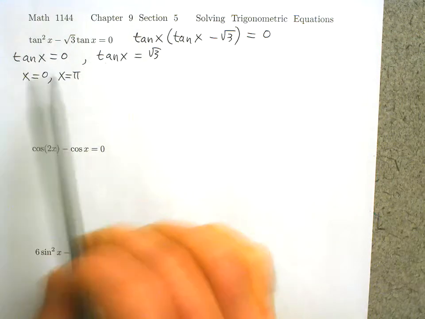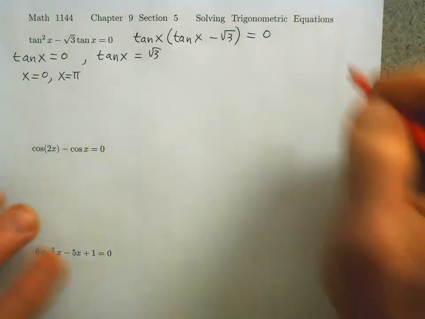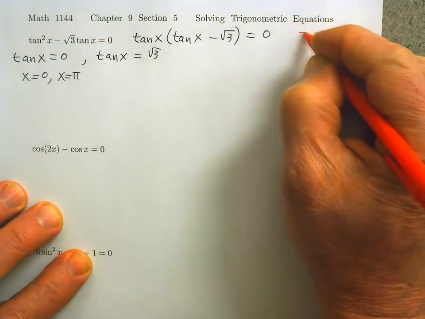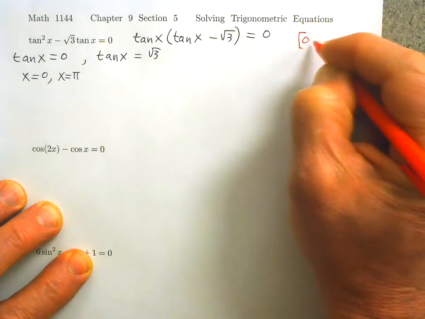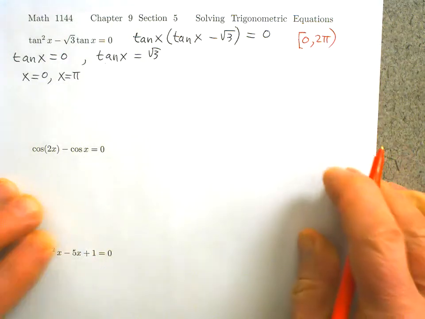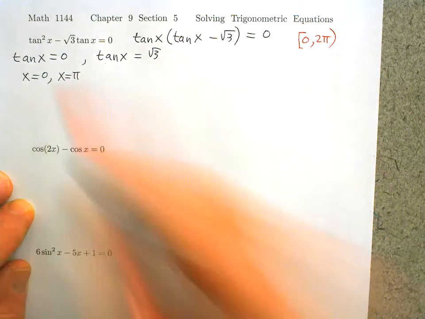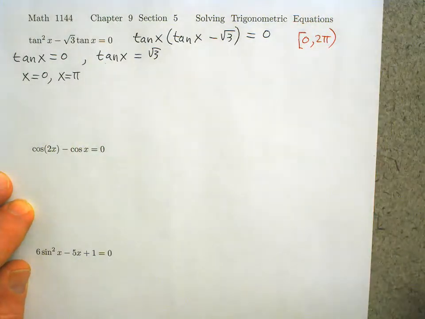Tangent of x is equal to 0 when x equals 2 pi. But here we're assuming that the solutions are on the interval from 0 to 2 pi, but excluding 2 pi. So we don't include 2 pi as a solution in this case.